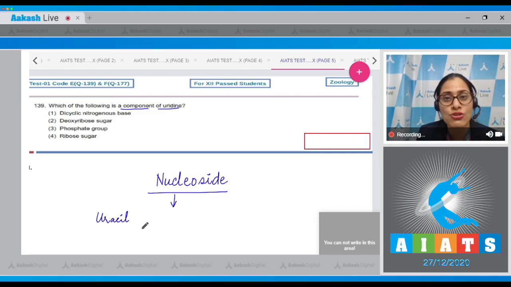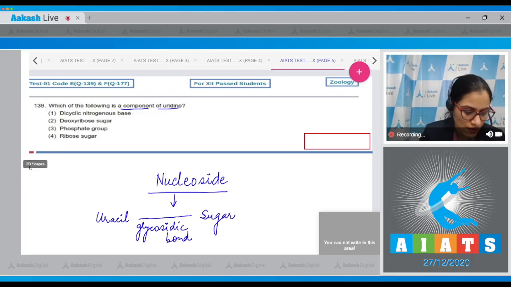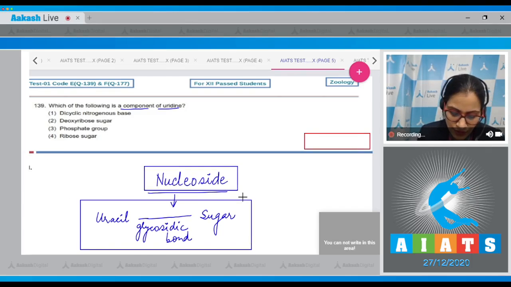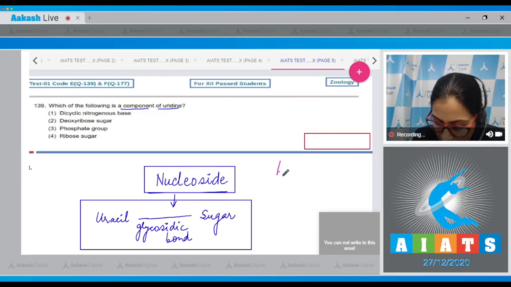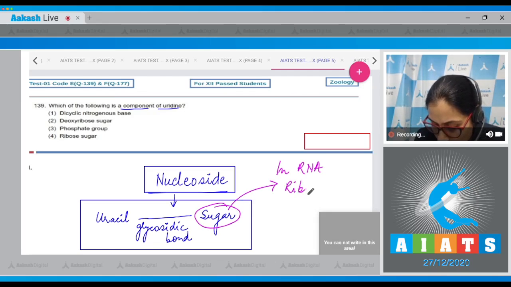And when this nitrogenous base, with the help of glycosidic bonds, joins a sugar molecule, this will form a nucleoside. And in case of RNA, the sugar moiety is ribose sugar.